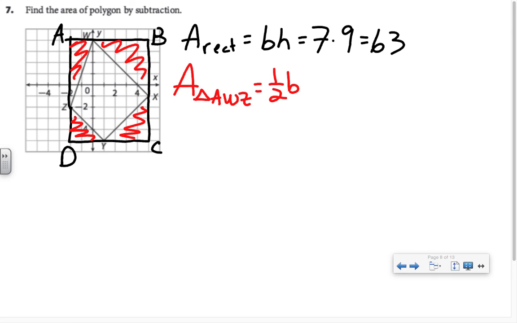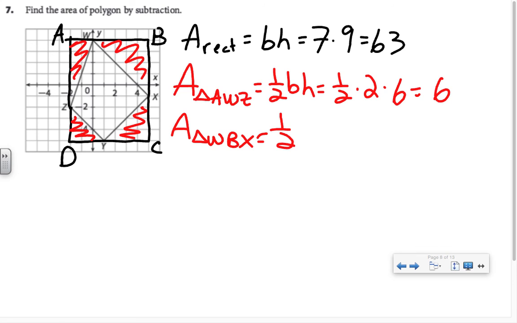Area of triangle is 1/2 base times height, so that's going to be 1/2. Well, the base of AWZ could be the segment AW, which is 2. And the height of triangle AWZ would be the length of segment AZ, which is 6. So triangle AWZ has an area of 6 square units.